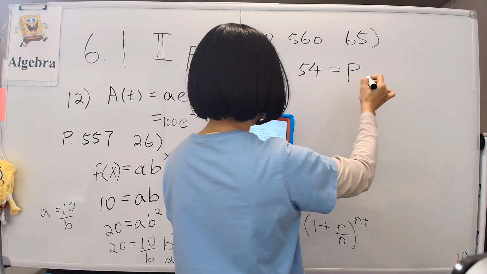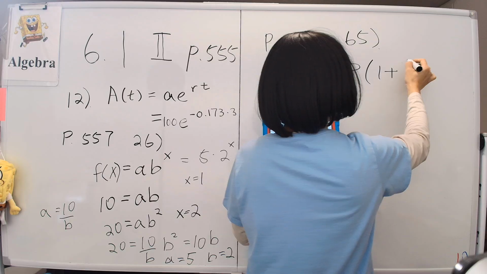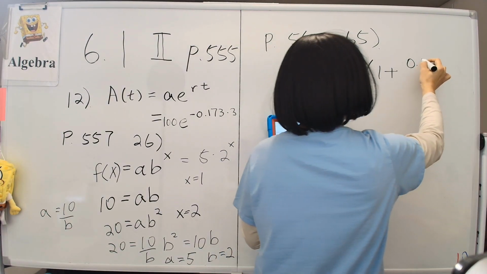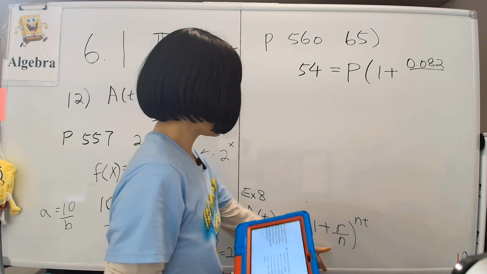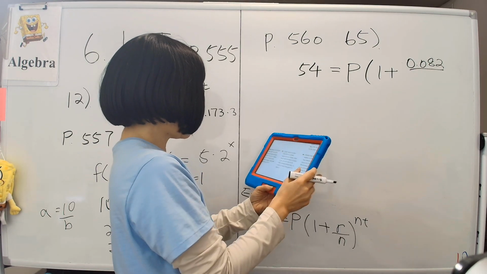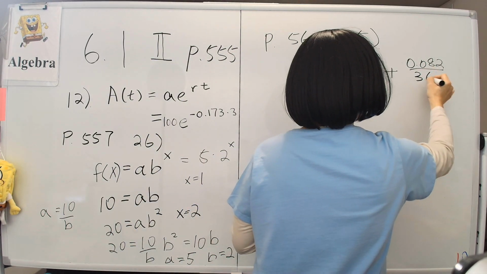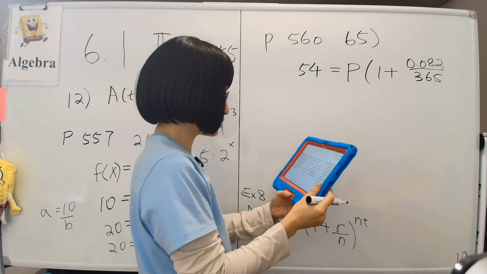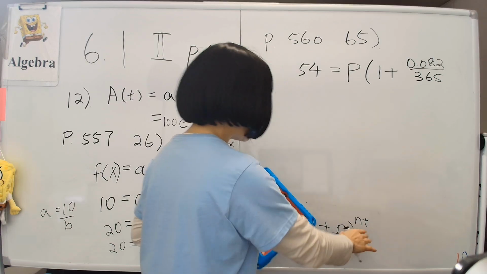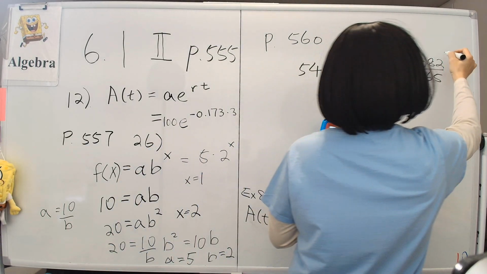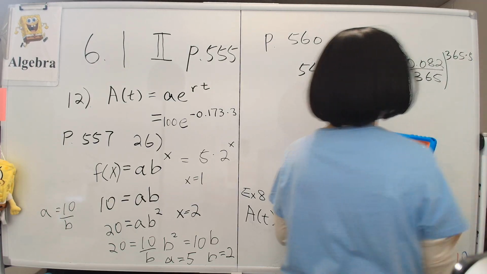We'll worry about that later. 1 plus 8.2%, which translates into the number 0.082. Then it's compounded daily, which means 365 times a year, and the time is 5 years, so we raise it to 365 times 5, because he's compounding daily.